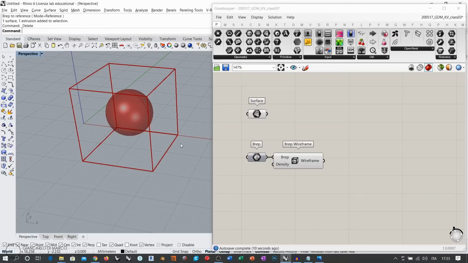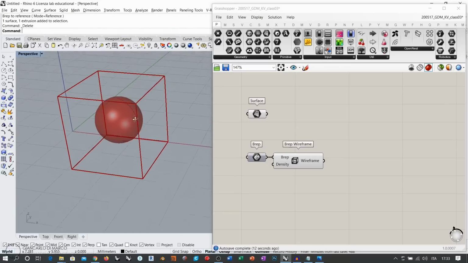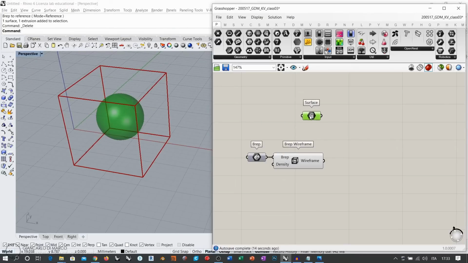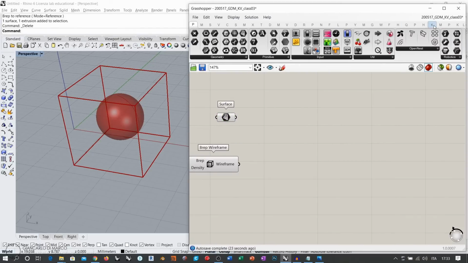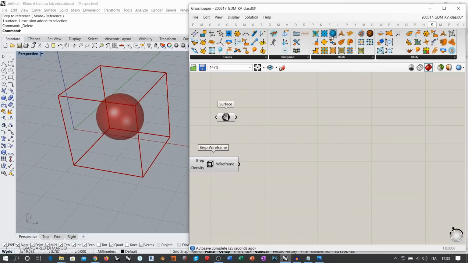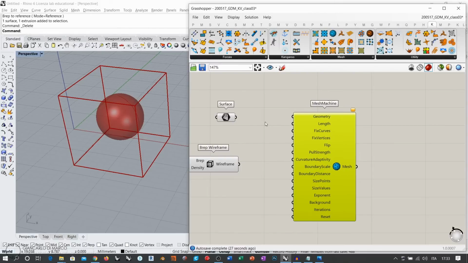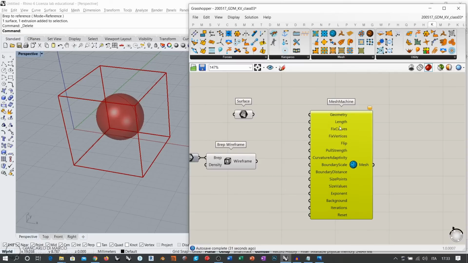So how do we initially convert this surface here into a Plankton mesh? Because this is the initial problem. Well, we can use in Kangaroo 099 this mesh machine component. I think that somebody during this course was mentioning this component.